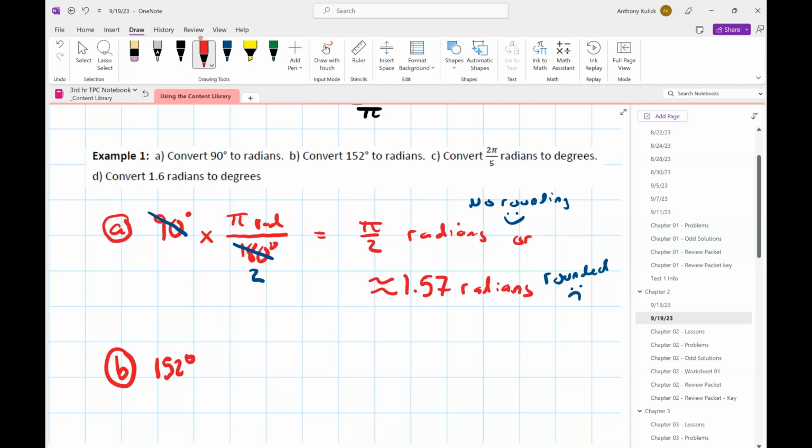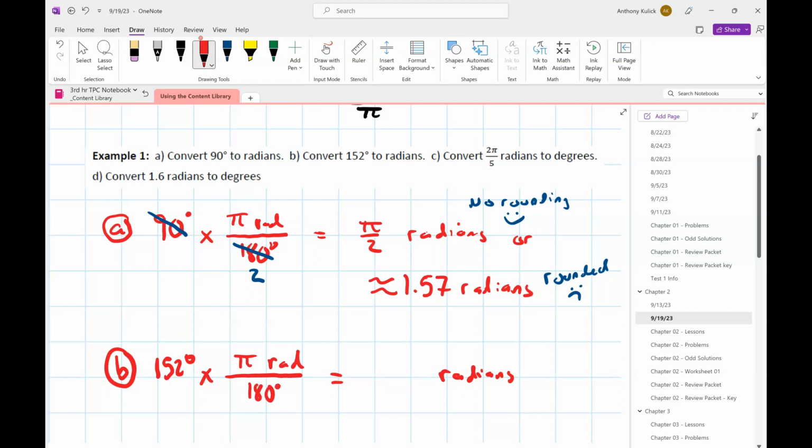So here we want to convert 152 degrees into radians. What do I need to multiply by in order to do that? Pi radians over 180 degrees.